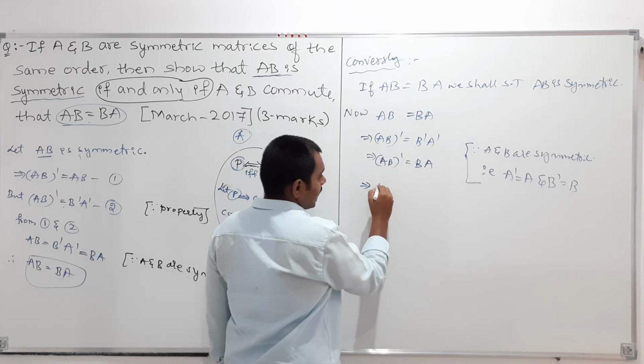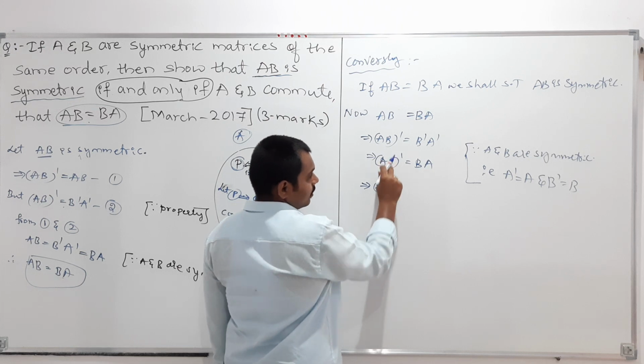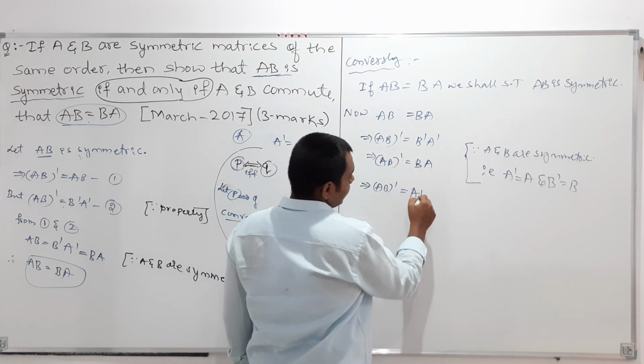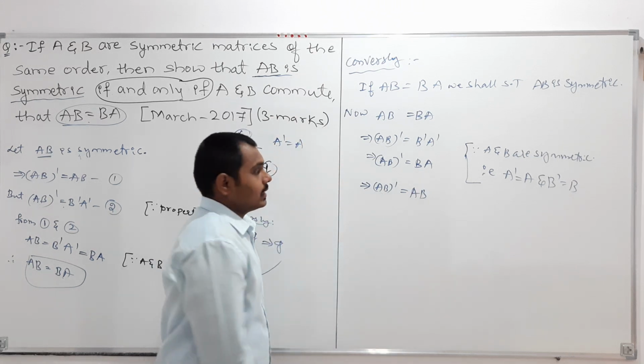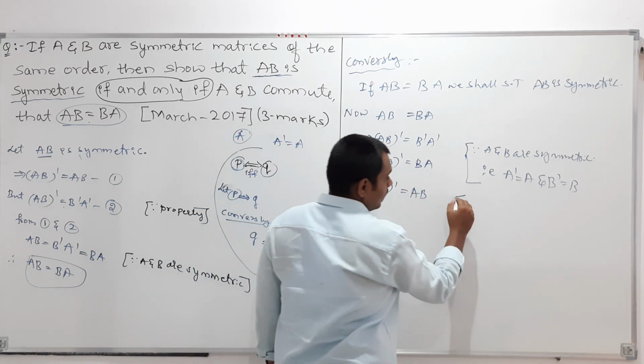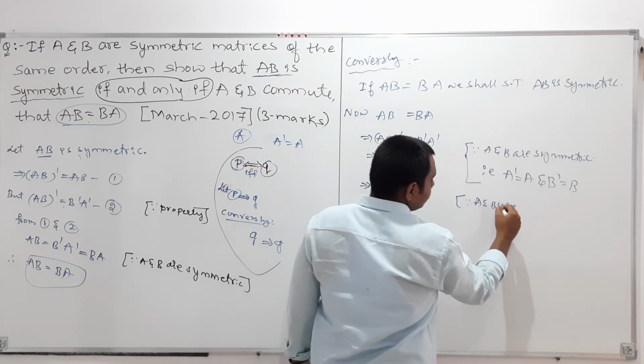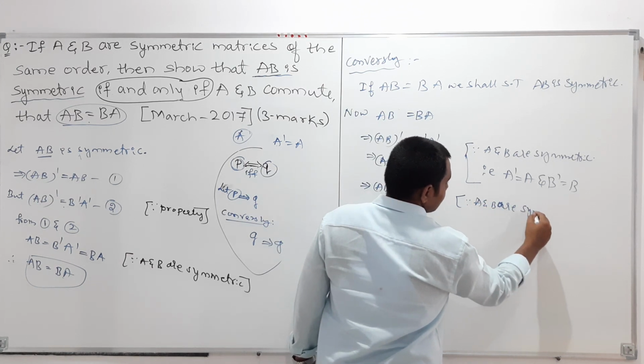And next, my dear students, I can prove this: (AB) whole transpose as it is, and BA I can write as AB, because A and B are symmetric matrices.